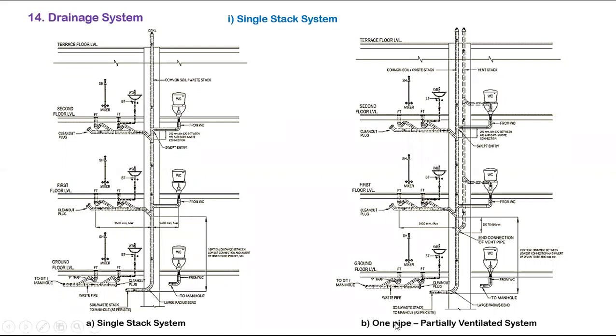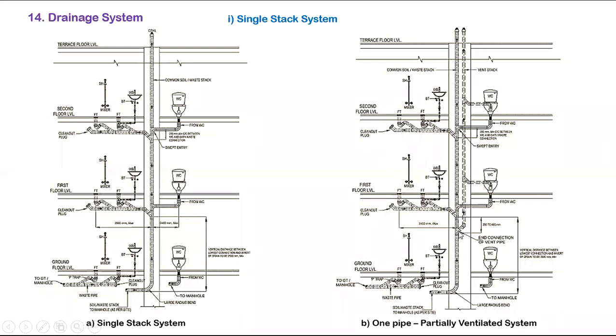Now see the partially ventilated system in one pipe. Sometimes they use it in small high-rise buildings of three or four floors. From the ground floor, in the middle of the stack itself, they will take one ventilation pipe.